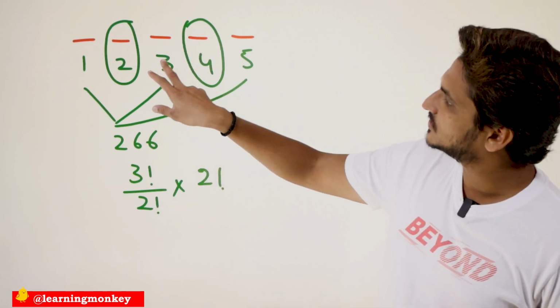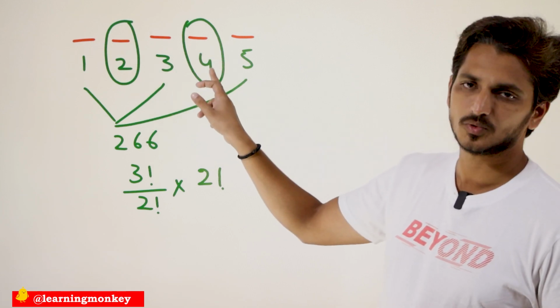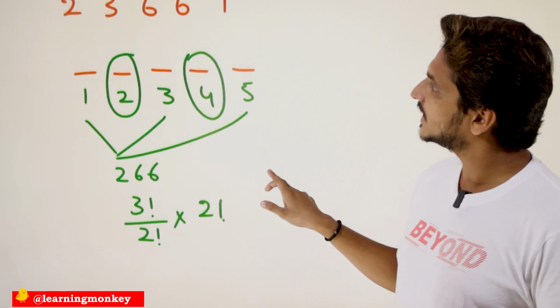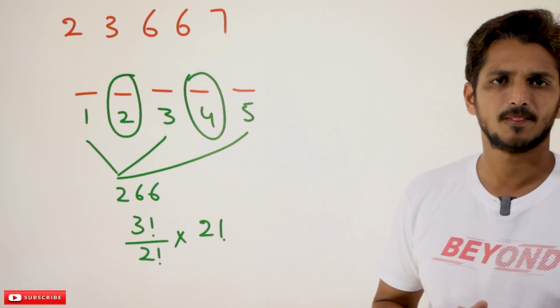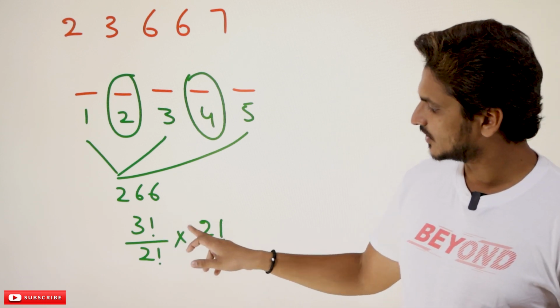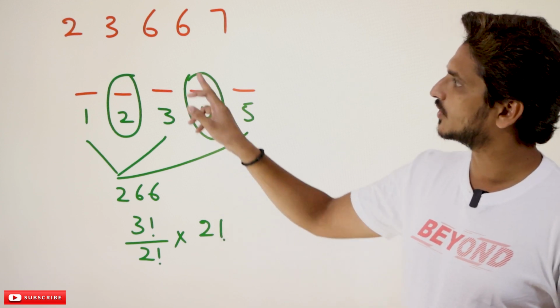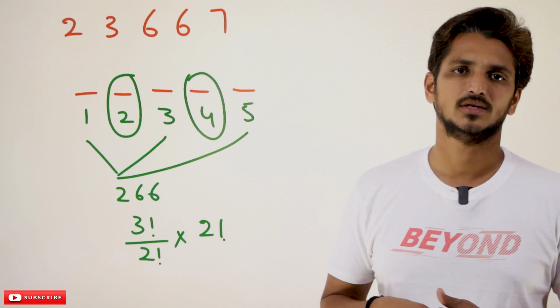By placing these 3 digits in these 3 positions, the remaining 2 positions, second and fourth, are the even positions. In the even positions, you can place the odd numbers, 3 and 7. So it is 3 factorial by 2 factorial multiplied by 2 factorial, since two digits are placed in 2 positions in 2 factorial ways.